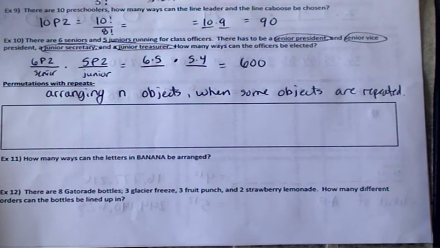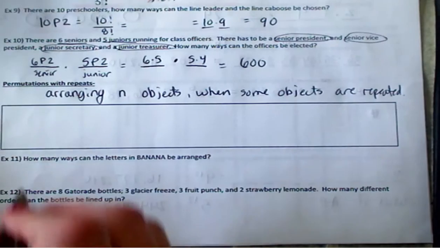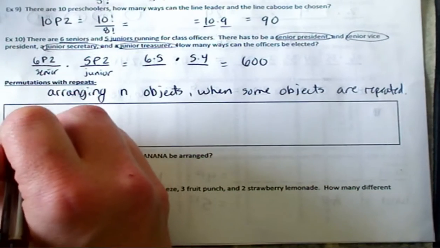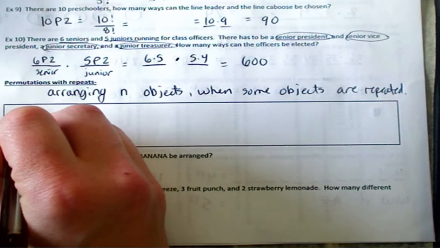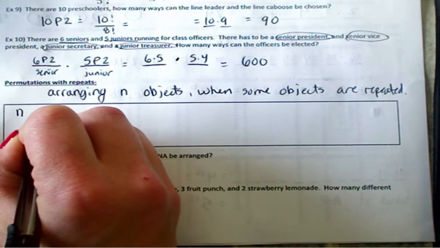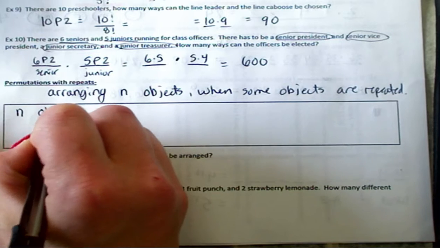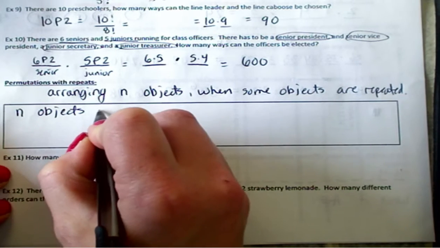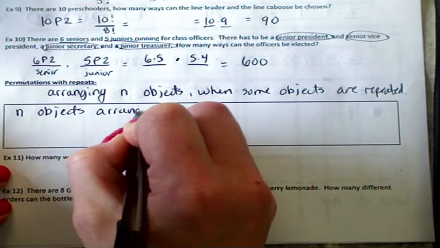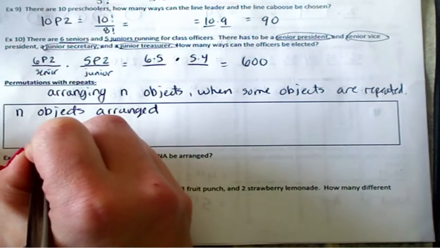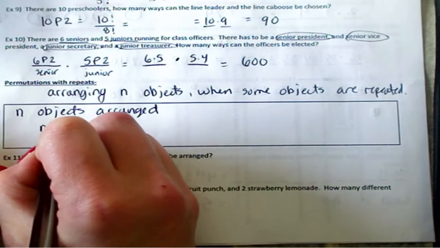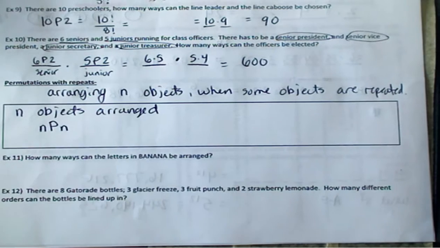So we have our formula. We're going to start with n objects arranged, and that is nPn. I'm arranging all of them, n objects, arranging all of them.